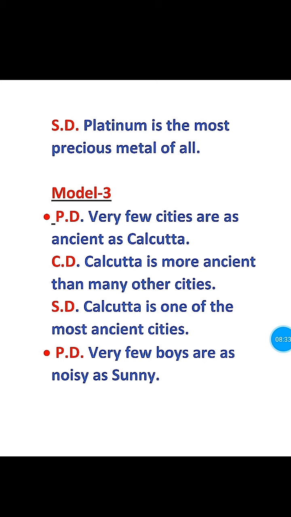More than 2. So that's why we have to write like this. When the sentence is given in a particular model, we have to identify the model and according to that we have to transform the sentence. When it is given in positive degree very few, we have to write in comparative degree many other. Like that in superlative, one of the.